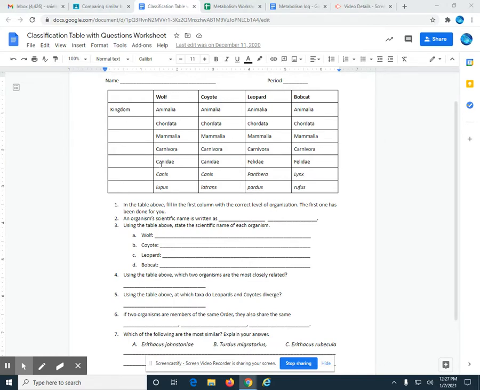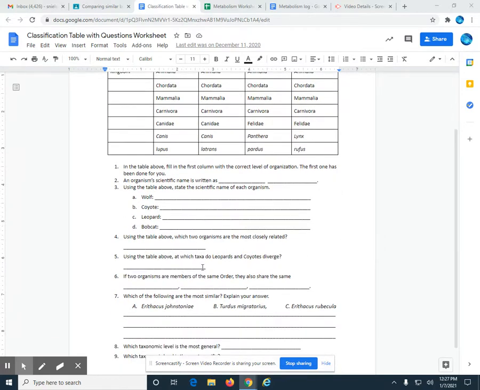But when they get down to here, they're in different families: Canidae for the wolf and coyote, Felidae for the leopard and the bobcat. And the wolf and the coyote go further, they actually share the same genus, whereas the leopard and the bobcat do not. So these are more closely related than these organisms are, for that reason. Okay?